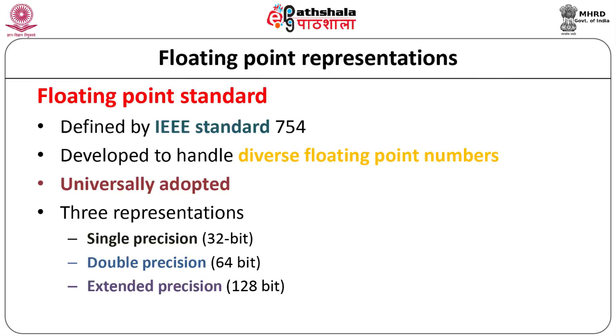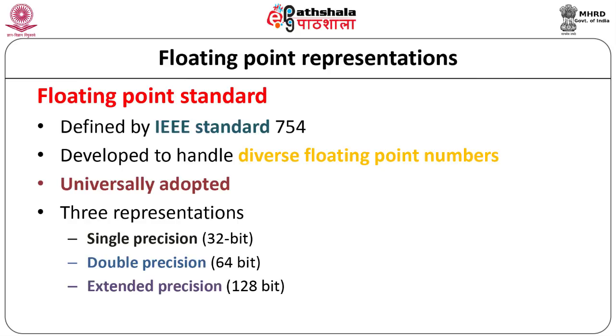The most important floating point representation is defined in IEEE standard 754, adopted in 1985 and revised in 2008. This standard was developed to facilitate the portability of programs from one processor to another and to encourage development of sophisticated numerically oriented programs.